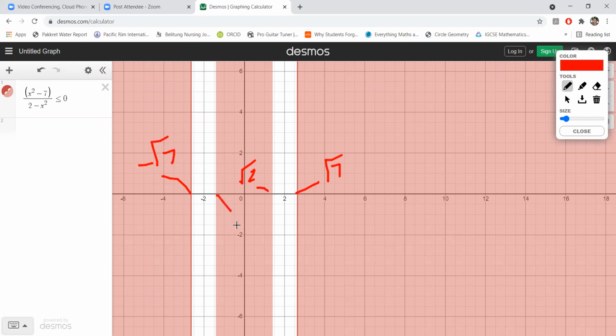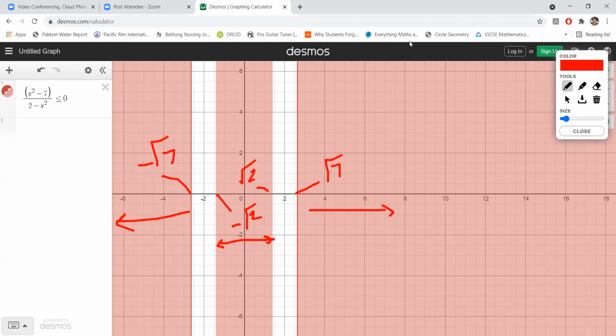And that there is minus root 2. So now you can see the solution is this way and in this direction to the left, and also between minus root 2 and root 2. So you can use this program to do that, but it's a bit difficult to use, as you can see, but you'll get used to it later.